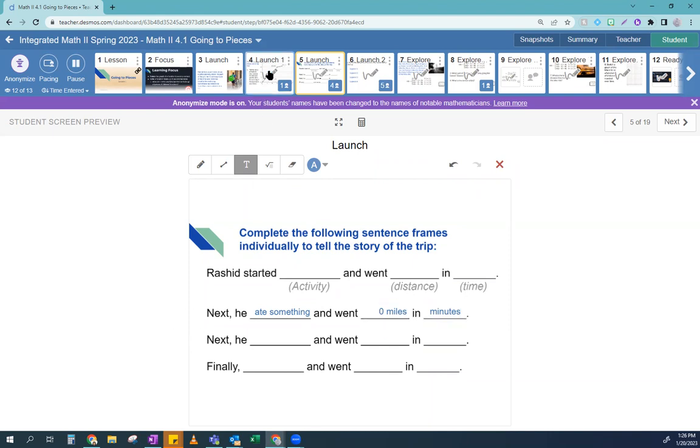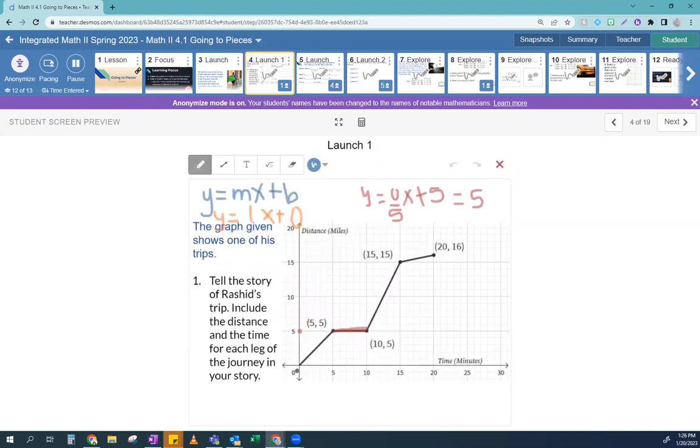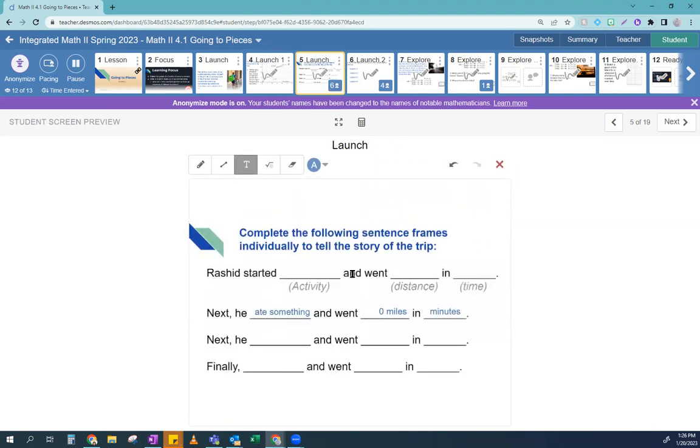So that's that one. The first one is he was driving to, I don't know, his favorite restaurant. So Rashid started driving and went 5 miles in 5 minutes. So whatever story you want to come up with, that's great.